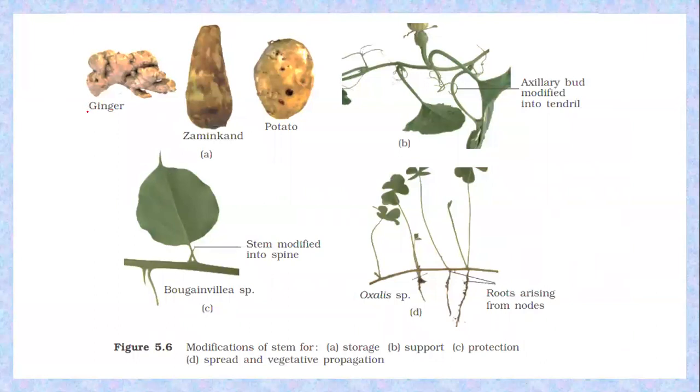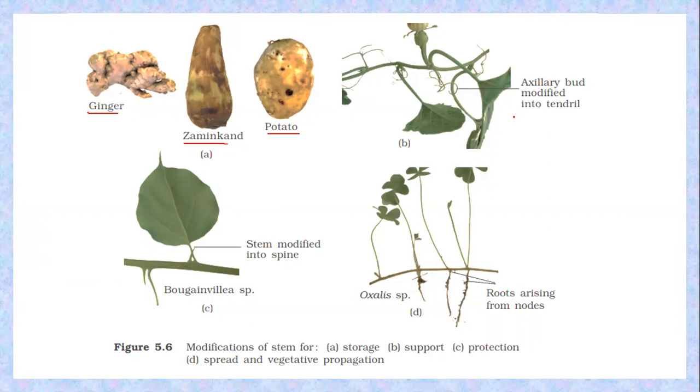Yes, guys, for ginger, colocasia, and potato, the stem is modified to perform the function of storage of food. Second one, the axillary bud of pumpkin, bitter gourd, watermelon, all those things are modified to form the leaf tendrils.